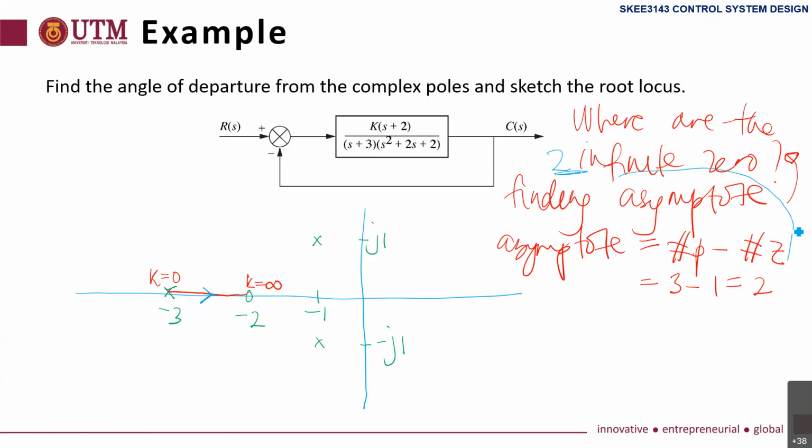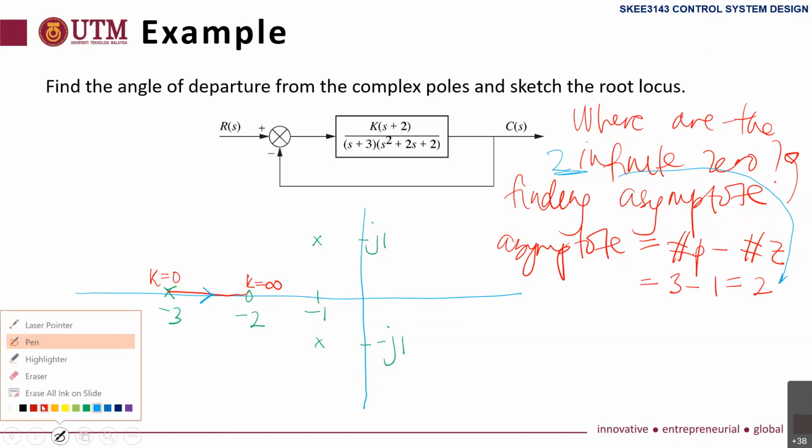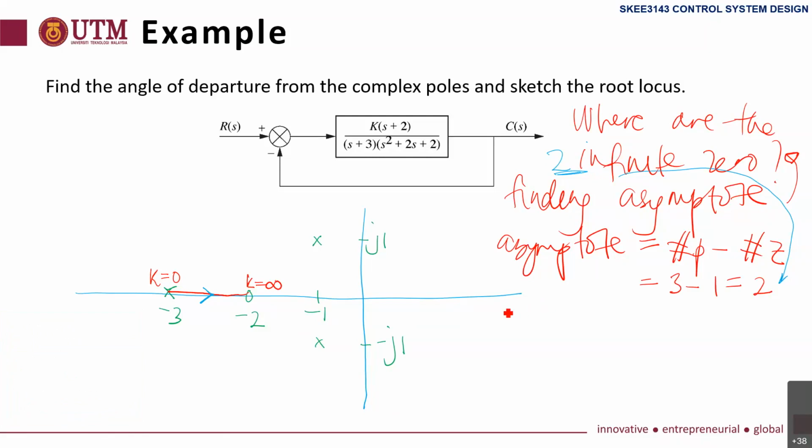That's why we have 2 asymptotes. Later you find that if you have 4 infinite zeros, you have 4 asymptotes, because again, finite poles minus finite zeros. We know there are 2 asymptotes. Next, we need to calculate the real axis intercept.